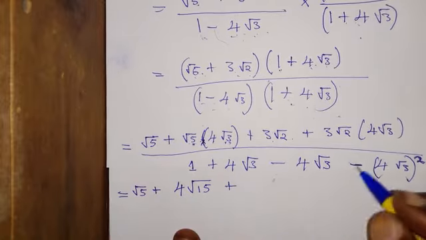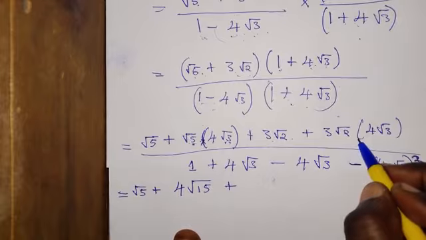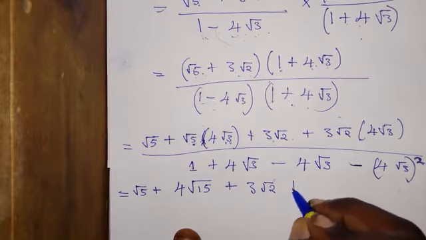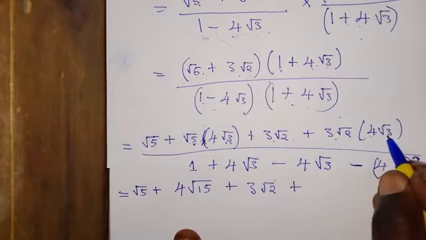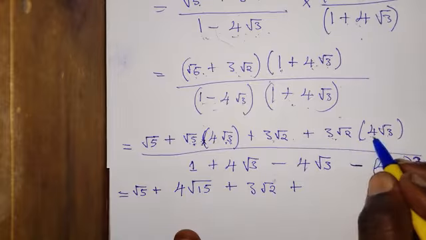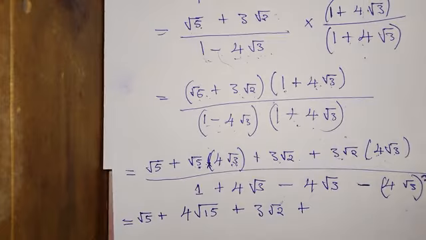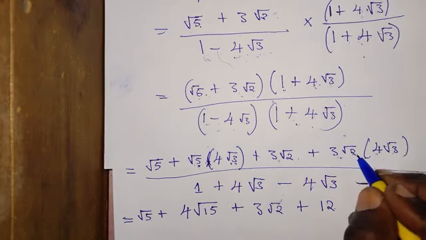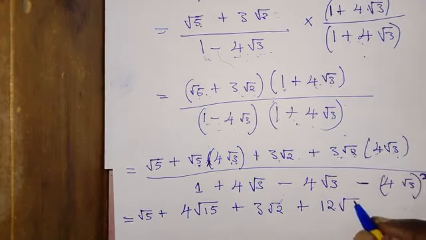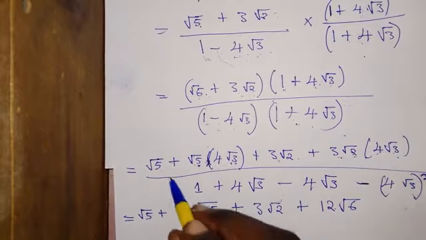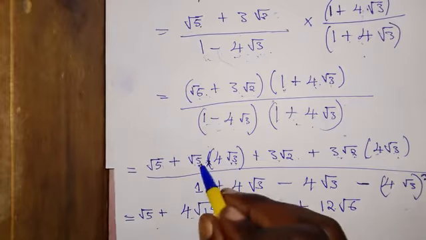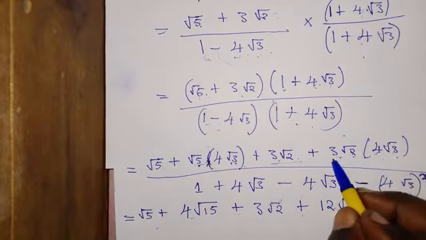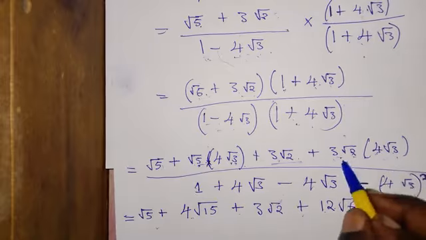Plus, this one will maintain 3 root 2 times 4 root 3. This means 3 times 4, which gives me 12, multiplied by root of 2 times 3, which is 6. So the numerator basically will have root 5 plus 4 root 15 plus 3 root 2 plus 12 root 6.